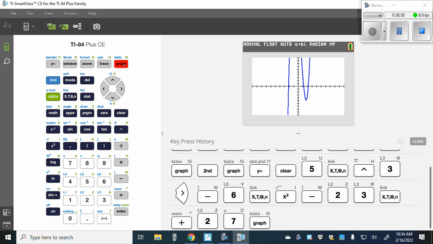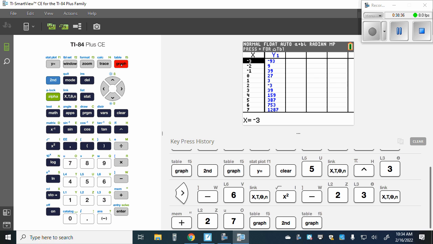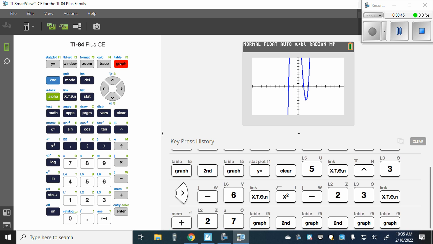So we do have these points here. I don't think that's quite at negative 2. Not quite.